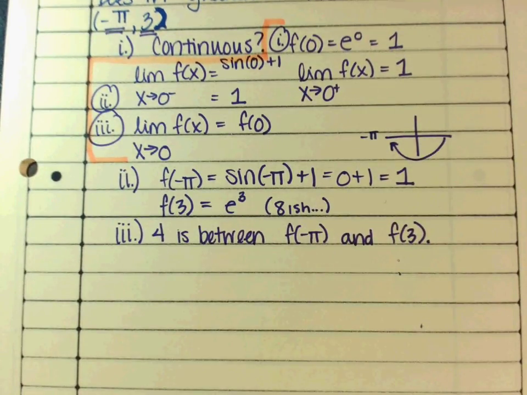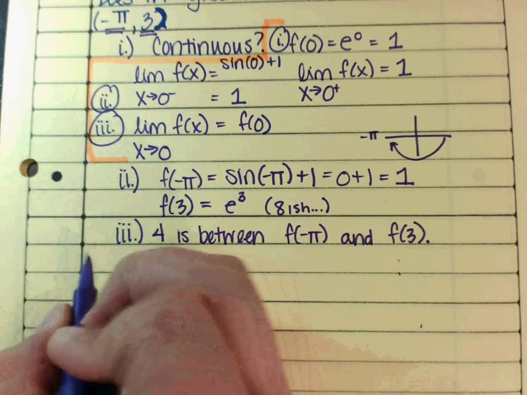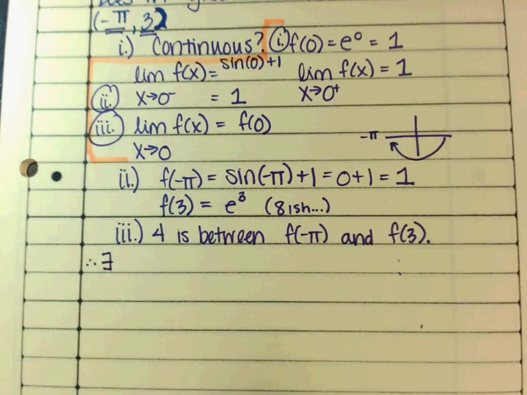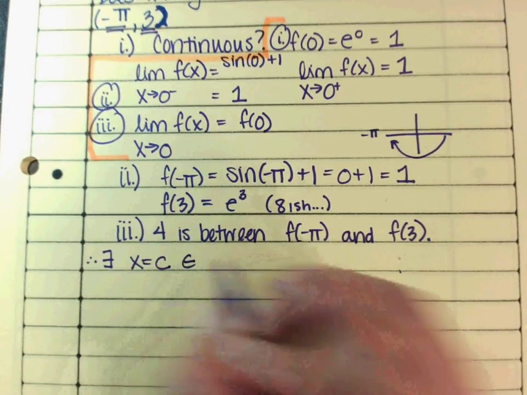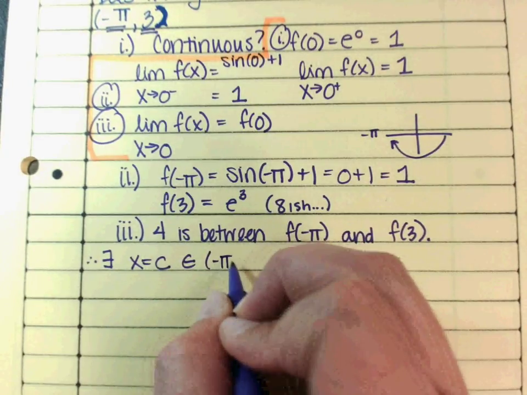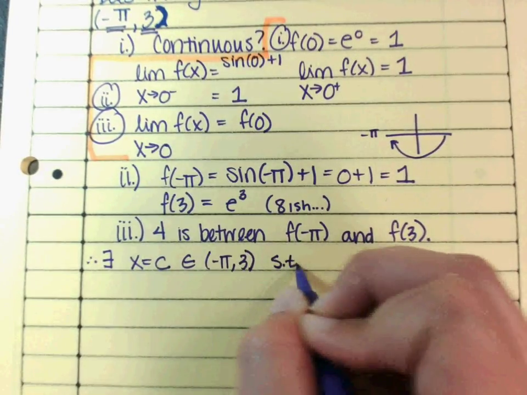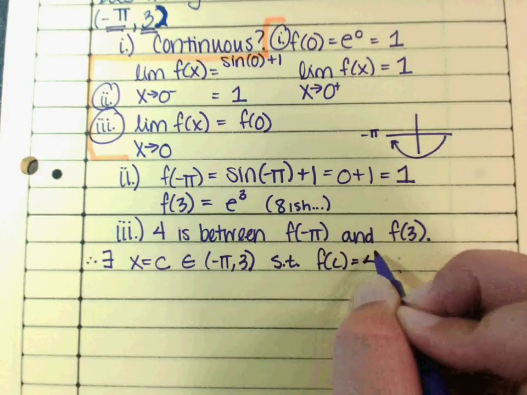So it was continuous. My y values weren't the same. 4 is between them. Therefore, there must exist an x equals c within the interval from negative pi to 3 so that f of c is 4.